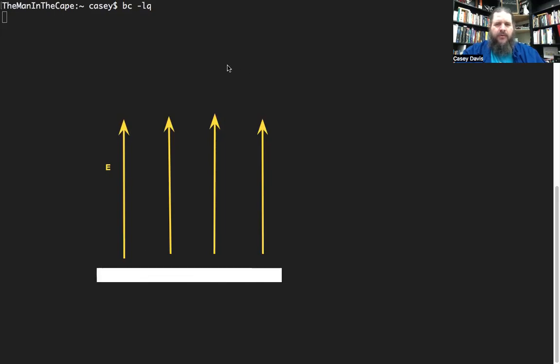Positive charge? Yeah. Positively charged plate below. Or alternatively, we could have a negatively charged plate above. Either one of those would create upwards electric field.